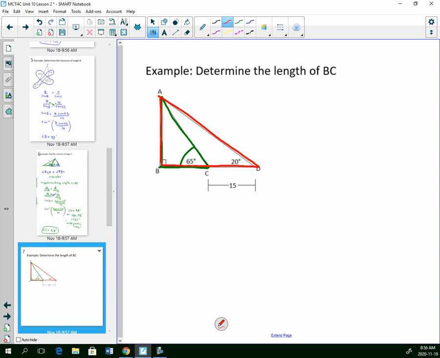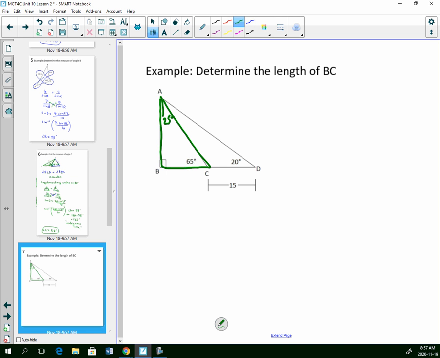So what can I find? Well, is there any angles I know? I'll erase this. So in this triangle, I know two of the angles, so I could find the third, right? I know 90 and 65, so I could find the third one because I know they add up to 180. So that would be 90 minus 65 is 25. Okay.